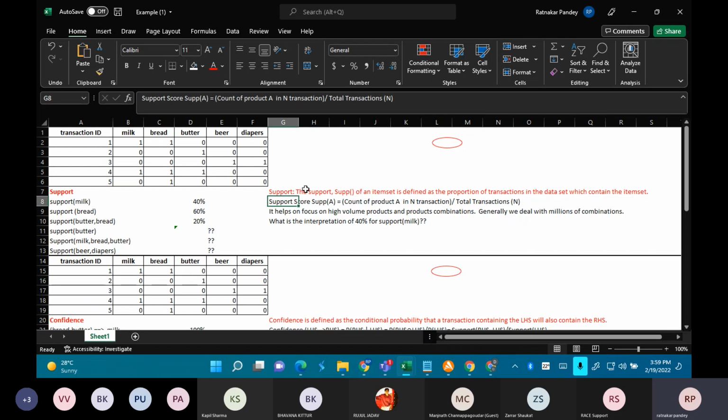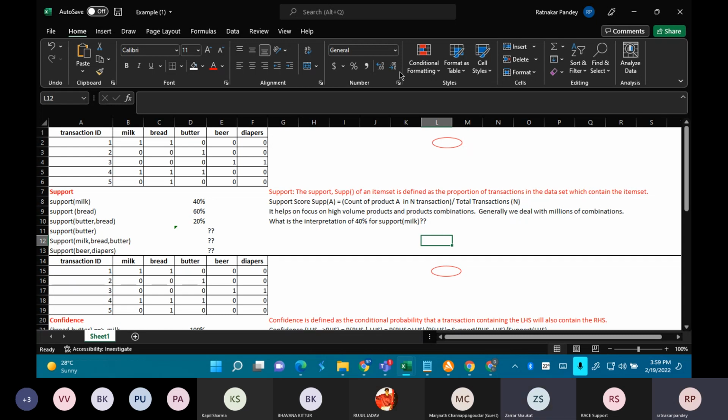So what is support in plain English? It's the frequency basically. I mean, it's more like how many times that item really happens, right?